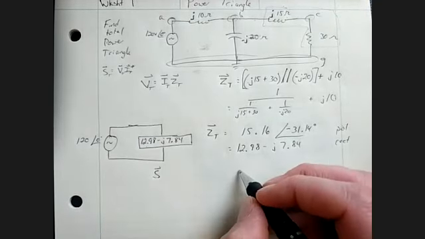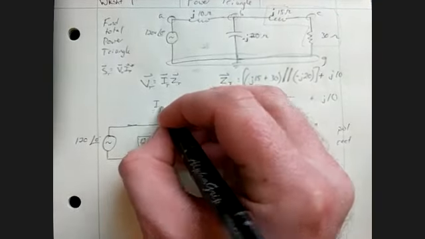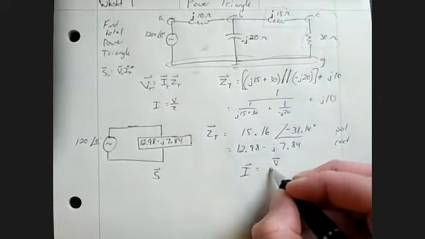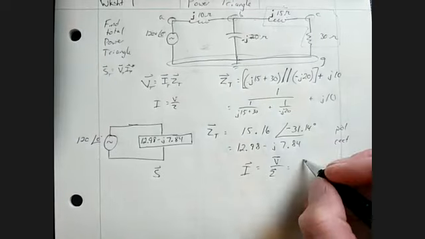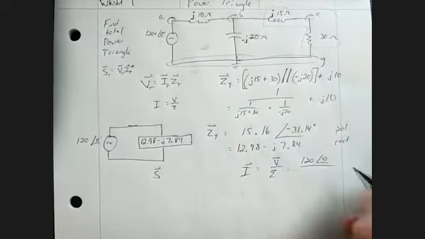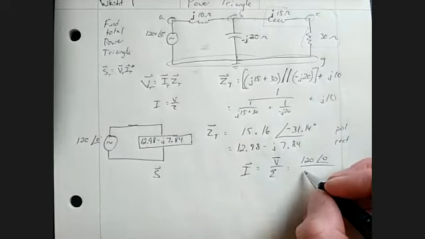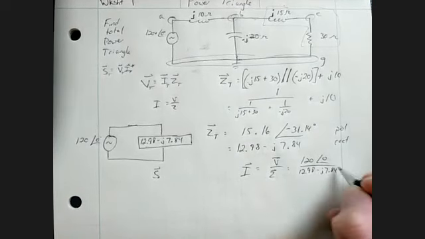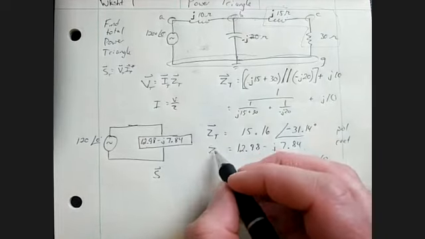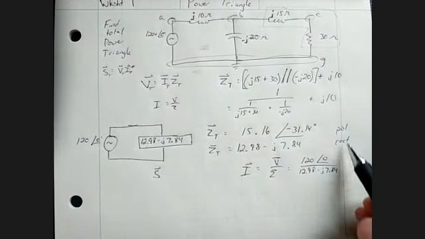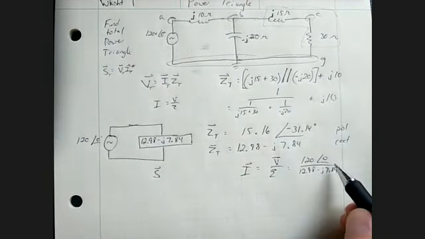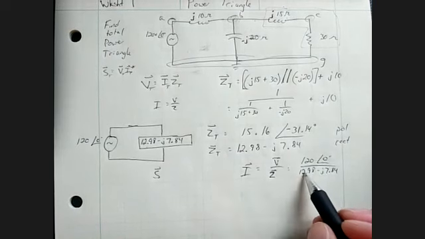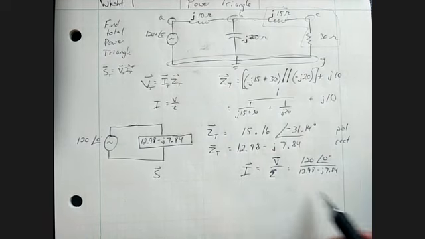Oh, one more step. Got to plug in V equals I Z, so I equals V over Z: 120 angle 0 over 12.98 minus j7.84. You could also plug it in as the polar. Your calculator doesn't care, and neither do I when it comes to Z, because rectangular of Z means something.